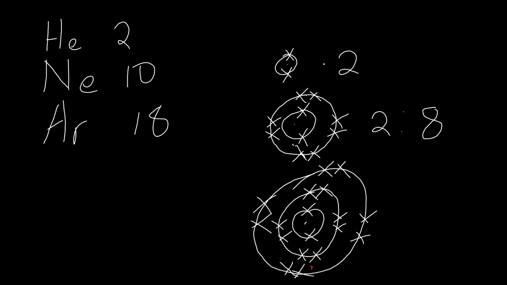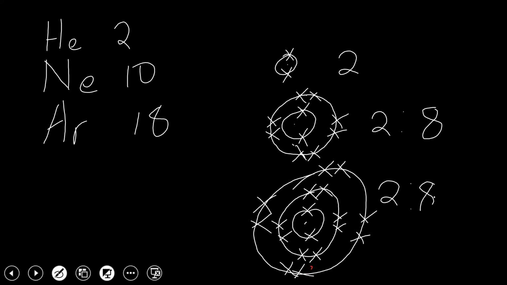So when you try to write electronic configuration, it's going to become 2 to 8 to 8. These are called the stable configurations as of now: 2 to 8 and 2 to 8 to 8.